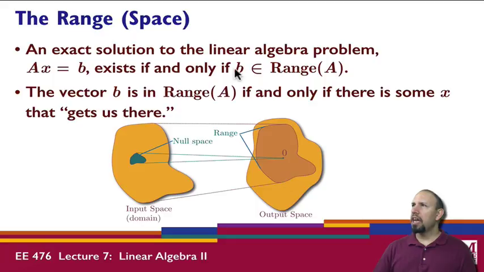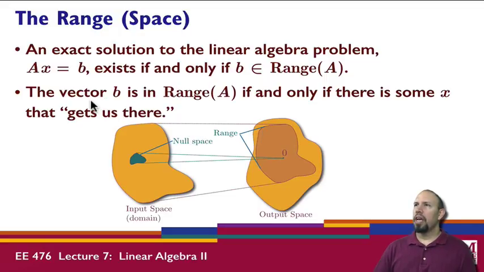If the B that I'm looking at is not in this space, then I don't have a solution, because this is the space of all possible combinations of vectors that I can get from my function. So if the B that I get is outside of that space, then there is no exact solution.